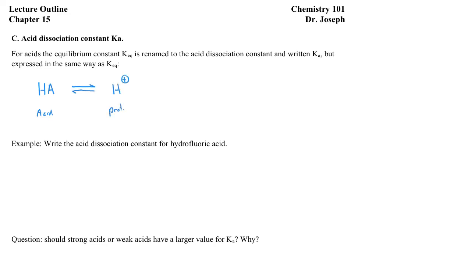So we'll call it HA. When HA acts like an acid, the HA gives up a proton to become A-, which is known as the conjugate base. Now, we could write a KEQ expression based on this result, where the products are the proton and the conjugate base. The reactant would just be the Bronsted acid, HA. So let's go ahead and do that and write KEQ for this.